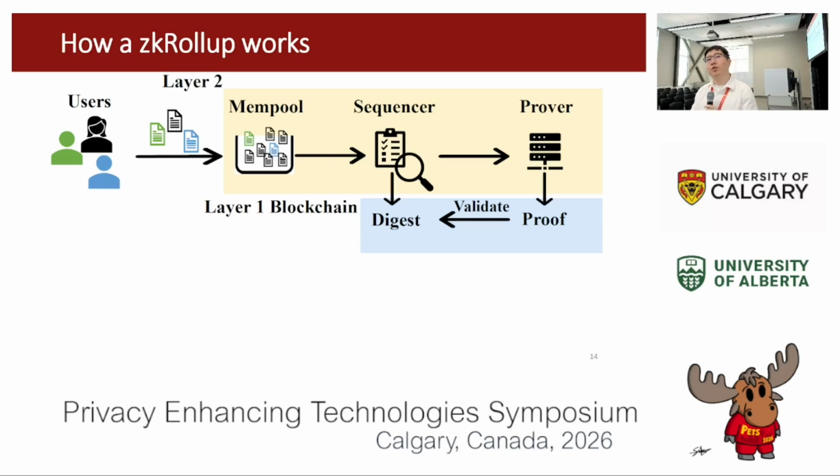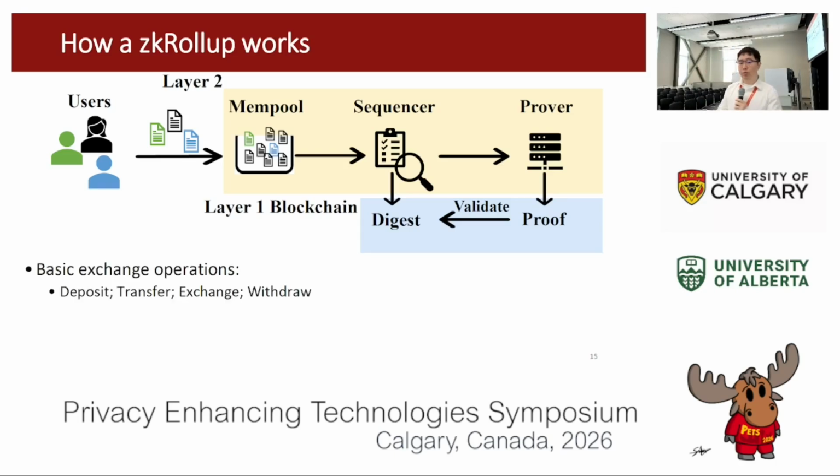But for a decentralized exchange, the burden will be on the prover because the prover needs to prove lots of things. Let's see what we need to prove. For very basic operations, the prover needs to prove deposit, transfer, exchange, and withdraw for the decentralized exchange.